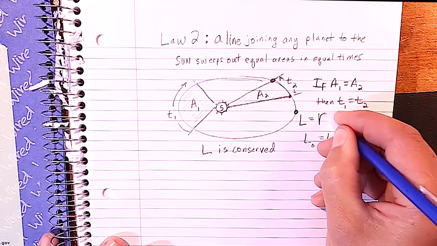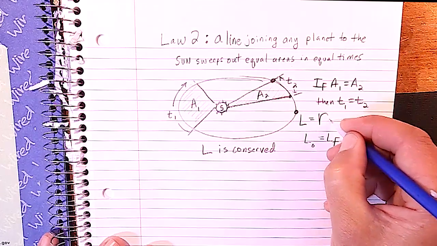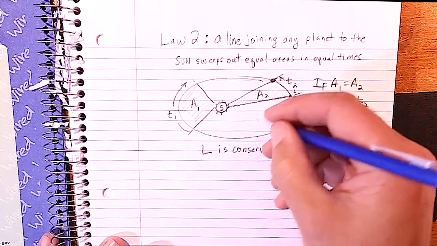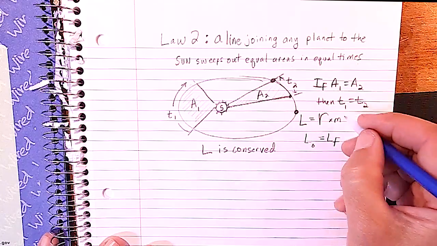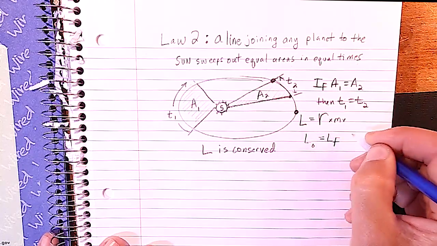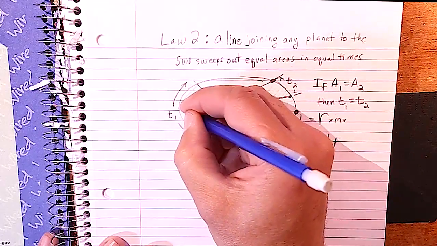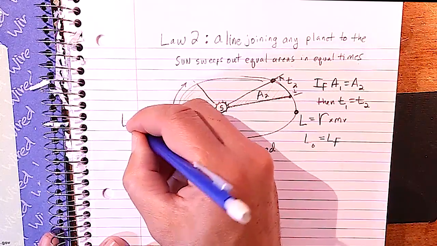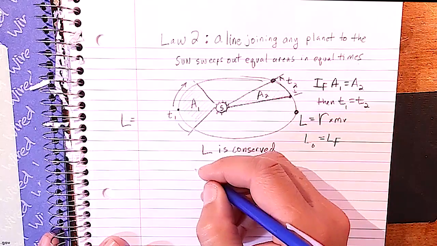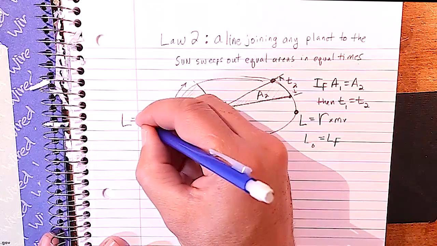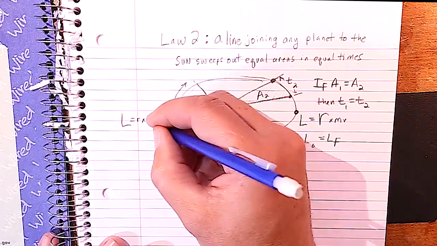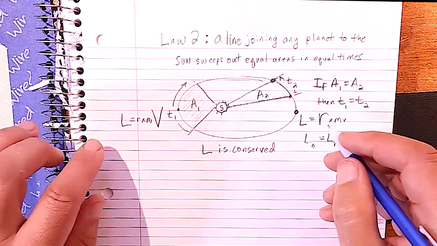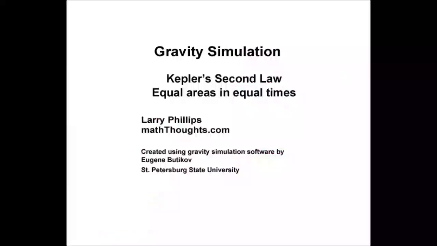That has a large r, crossed with m, but it's far away, so it has lots of potential energy, not much kinetic, so therefore it has a small v. And over here, at perihelion, we have the same value of L, but at this point our r is small, but because it has more kinetic energy, m crossed with a larger v, the L's are the same.